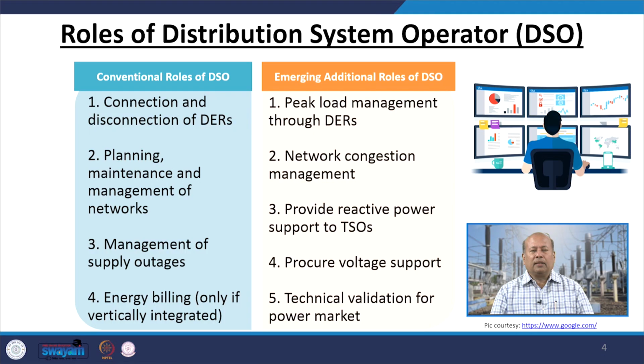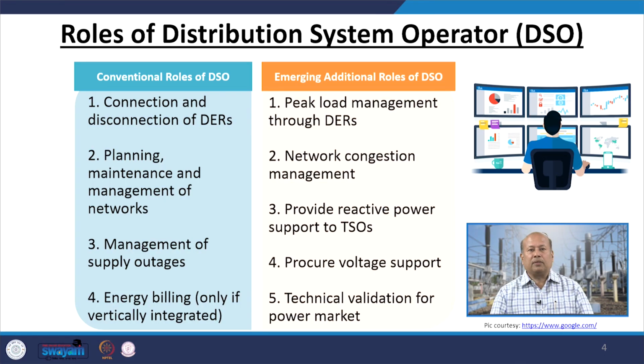Then further, it also decides the planning, maintenance and management of the distribution network. It also looks after the management of supply outages, and finally, it also looks after the energy billing for vertically integrated systems.